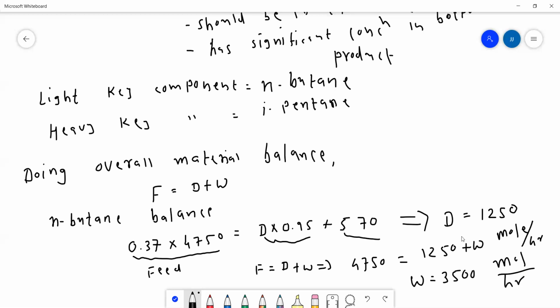So this is the distillate flow rate, and this is the residue flow rate.